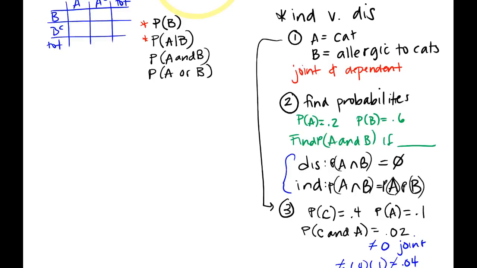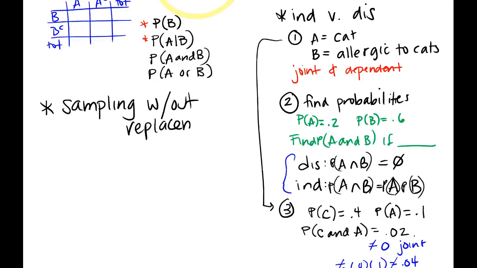There's one last thing out of part 4, which is sampling without replacement. We also covered sampling with replacement, but sampling with replacement technically is just the binomial. It just falls into binomial, so I'm going to ignore it and we'll cover it as binomial instead.